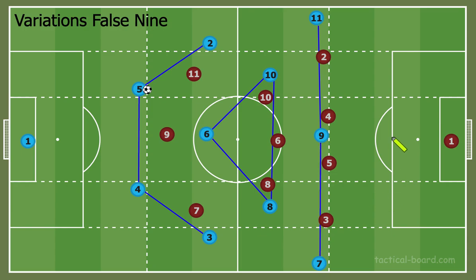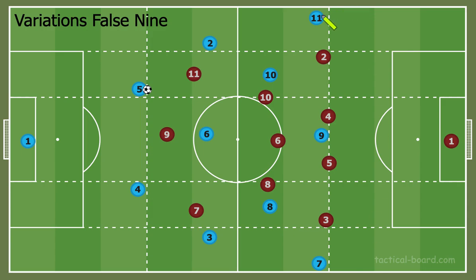So now from here we can look at how a false 9 can change the structure and how maybe some of the interactions can change. So right now the back 4 we can say is effectively pinned by our center striker occupying both center backs and the wingers occupying both fullbacks.